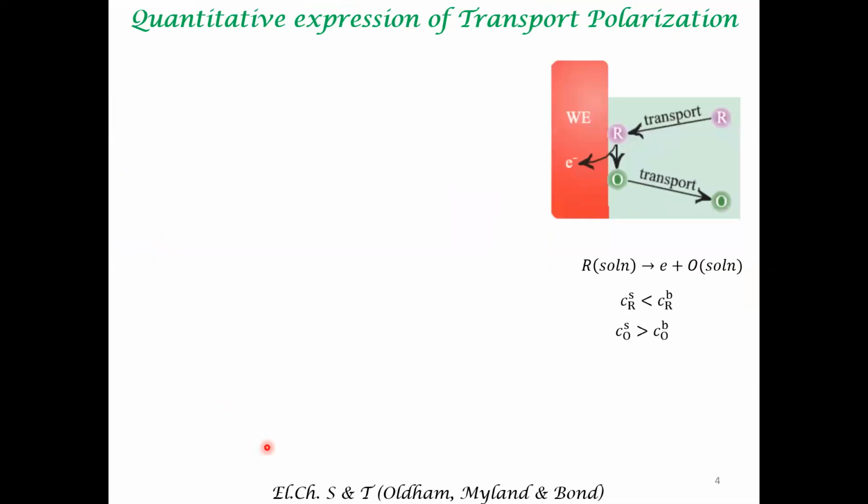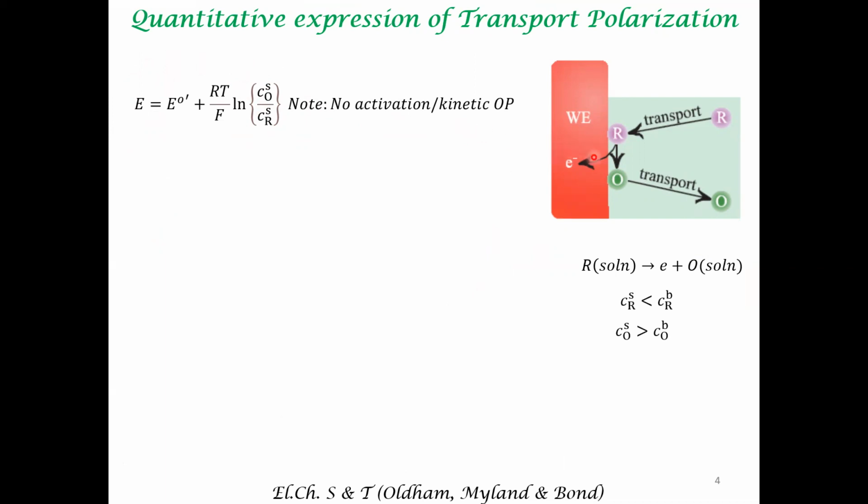quantitatively in this slide. So the way to address this quantitatively is that you first consider what is the Nernst equation corresponding to the concentration of R and O on the electrode surface. So if you write out the Nernst equation, that will be this expression. Notice in these cases, we are not bothered about activation or kinetic overpotential.